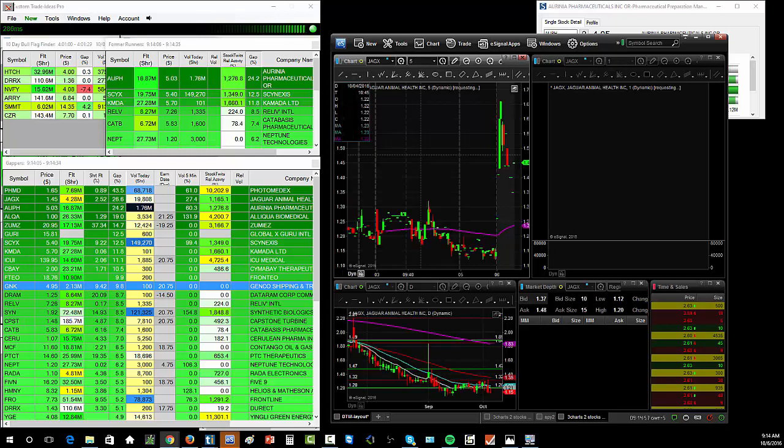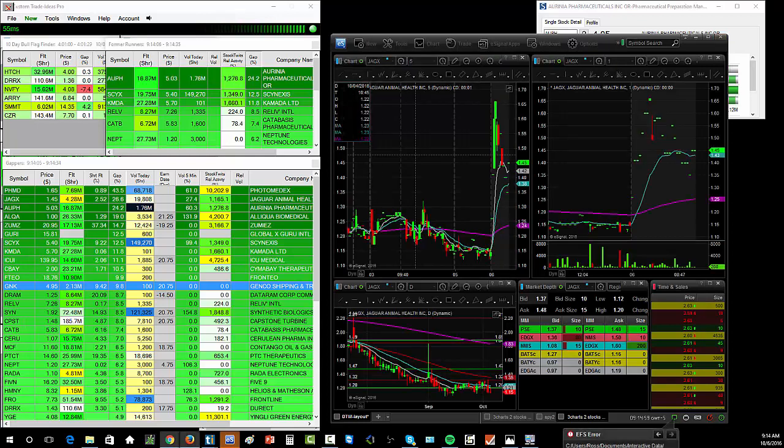We do have the 200 moving average, so I'd say possible resistance around 183, which is the 200 EMA, but above that, clear skies, and we still have 40 cents to that level. All right, so that one's definitely a possibility.